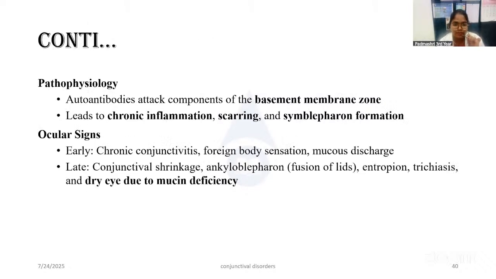Pathophysiology: autoantibodies attack components of the basement membrane, leading to chronic inflammation, scarring, and shrinkage. Ocular signs in the early stage are chronic conjunctivitis, foreign body sensation, and mucus. In the late stage, it is conjunctival shrinkage, ankyloblepharon, entropion, trichiasis, and dry eye due to mucin deficiency.